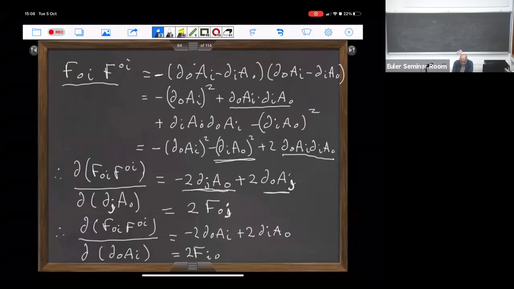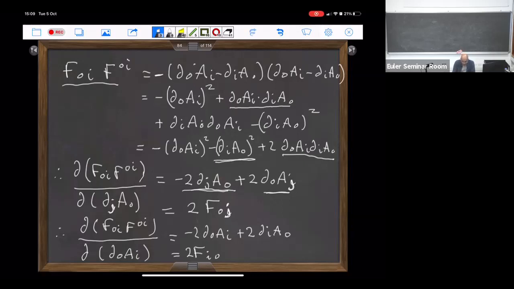Does anyone have a question about this derivation? Hopefully I've done it slowly enough, but it's important to be able to do this derivation.